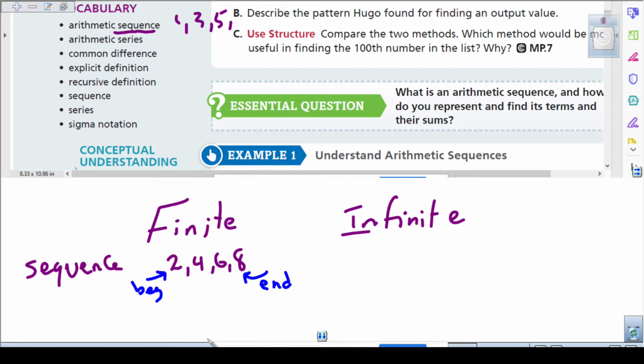Can you have infinite series? The answer is yes. I could keep going. 2, 4, 6, 8, dot, dot, dot. Take notes, Stefan. These 3 dots here indicate that I'm going to keep going and going and going. Does anybody know where I can stop here?